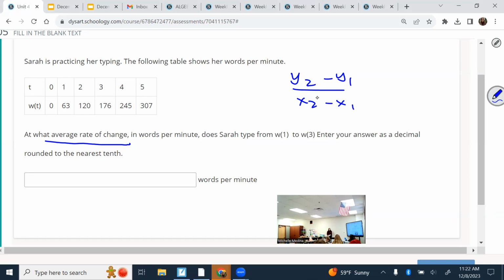So now you just have to really pay attention to where they want you to look. Okay, so it'll always tell you, look from when x is this to when x is that. So where do they want us to look for this one? And what is usually in the parentheses?